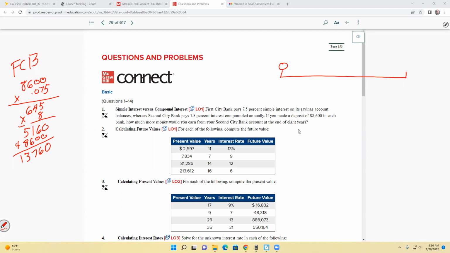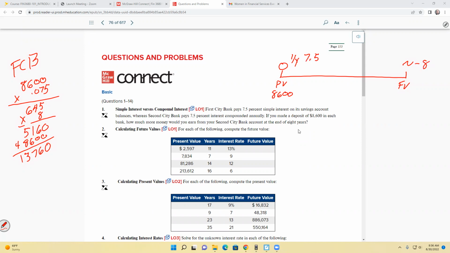So if we use our timeline, remember we got present value, future value, and when we do the timeline, every timeline I do it the same way. Probably after today, I won't put what the variables are. We'll put the numbers up, because it's always the same. So we got 8,600 here, 7.5 here, 8 here.